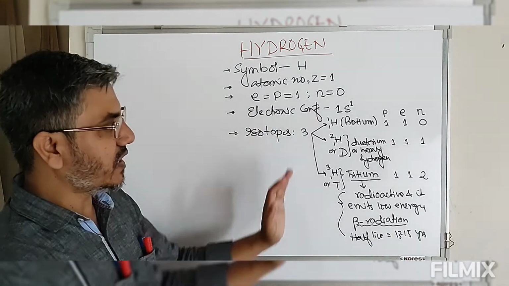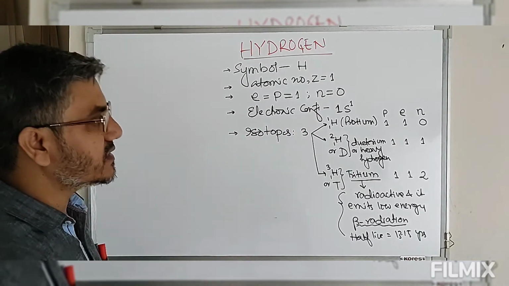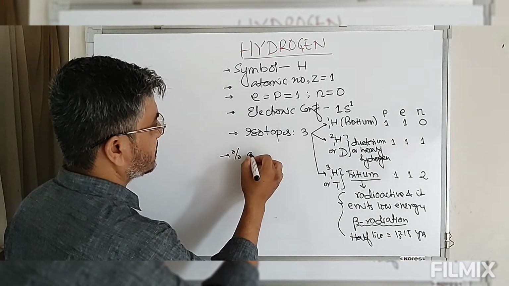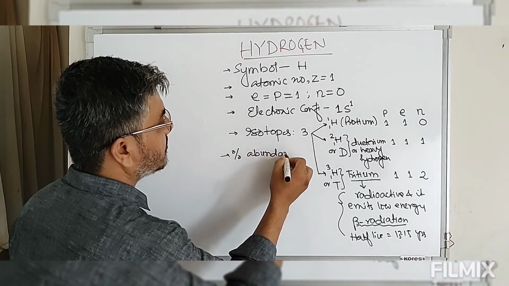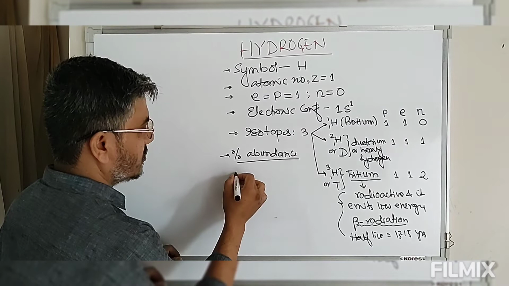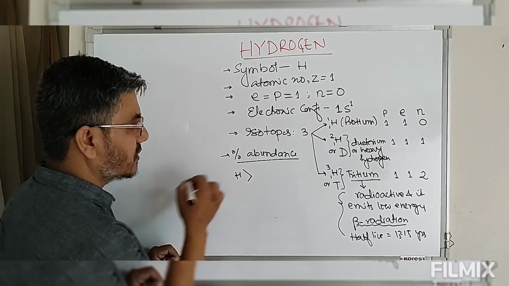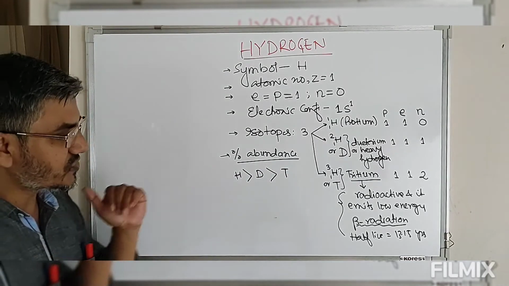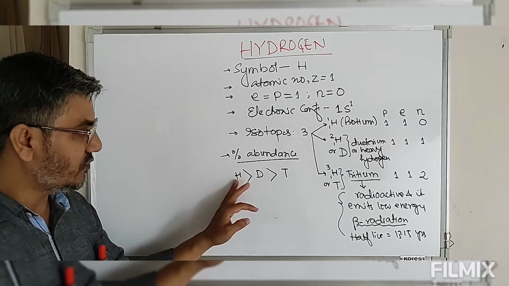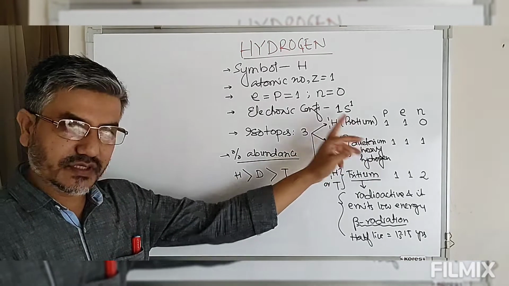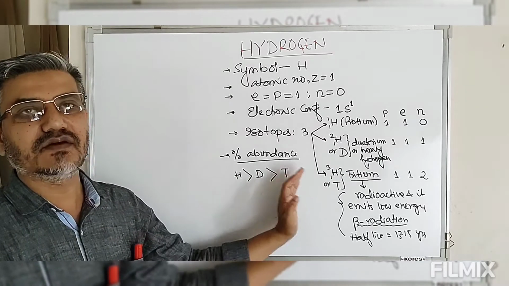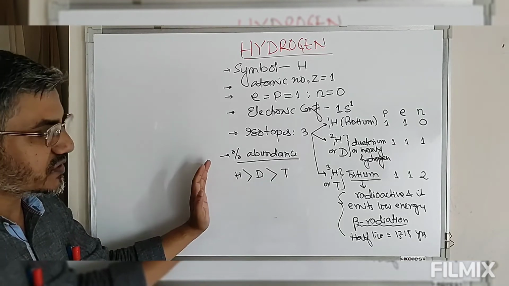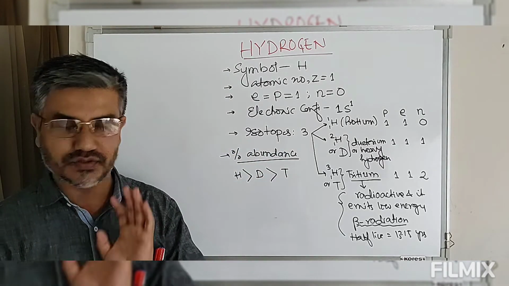Now out of these three isotopes of hydrogen, the relative abundance in nature is protium first, then deuterium, then tritium. It means in nature almost 99.9% is in the form of hydrogen, that is protium, and the rest is these heavy isotopes, deuterium and tritium. So these are the three isotopes of hydrogen which exist in nature.